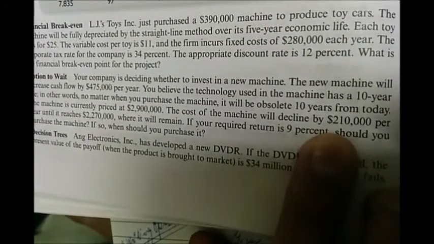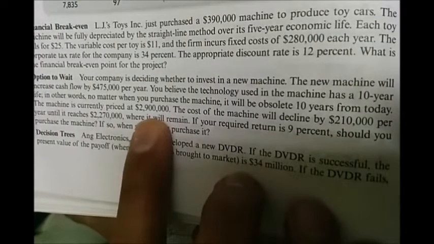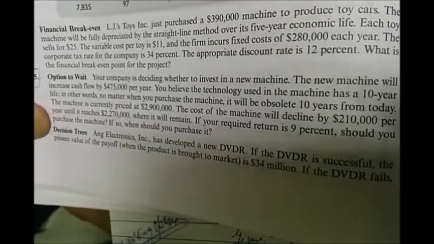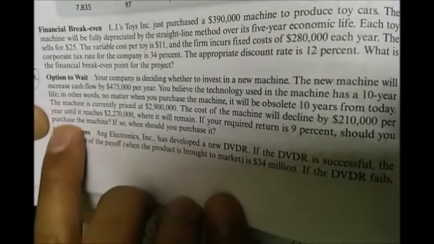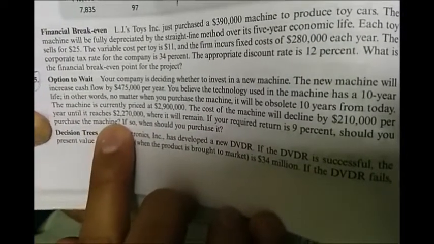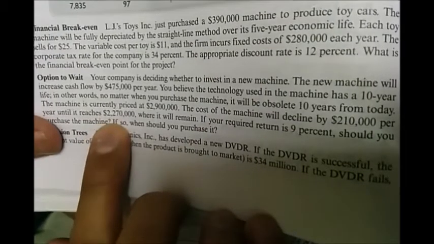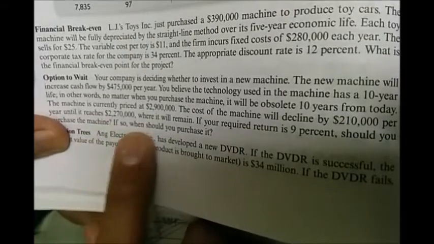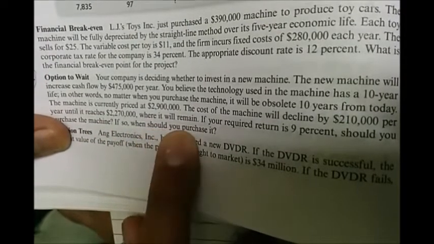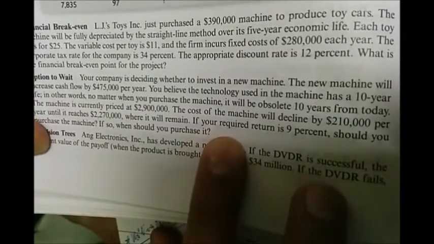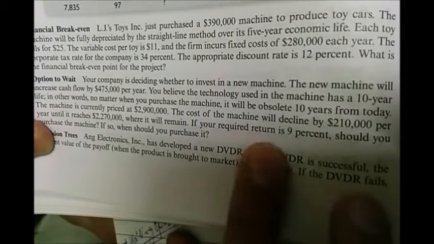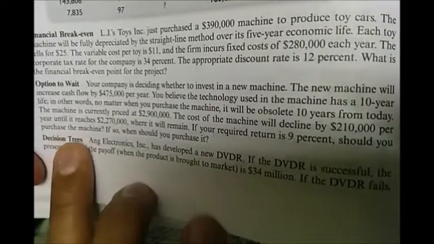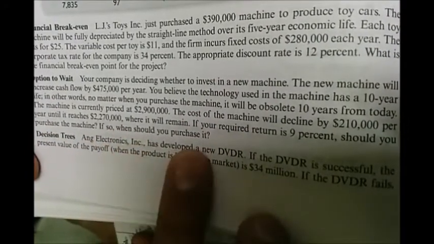So each year 2,10,000 would be reduced from its price because it is getting obsolete day by day, but it will then be stagnant at this price for some years. If your required return is 9%, we'll be using this for discounting. Should you purchase the machine? If so, when should you purchase it?